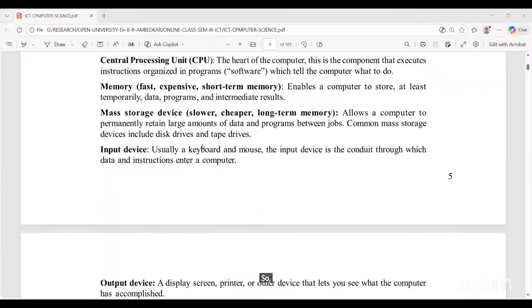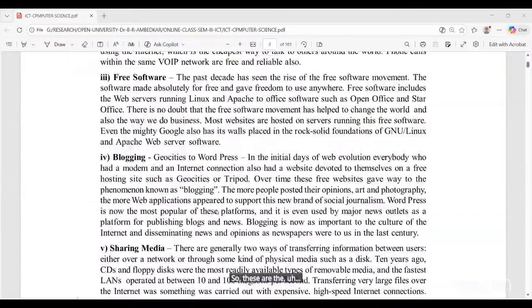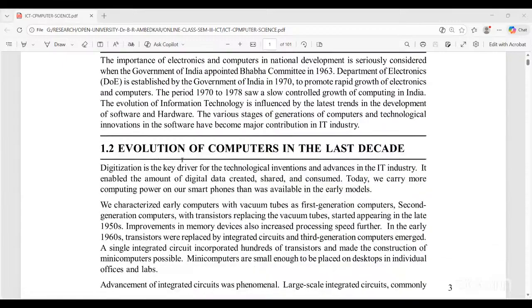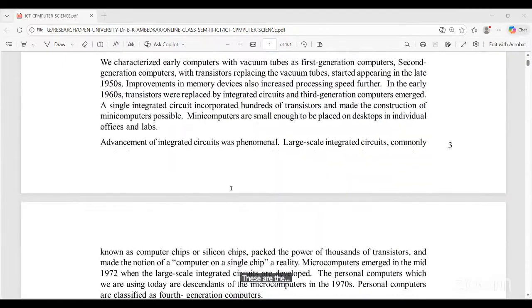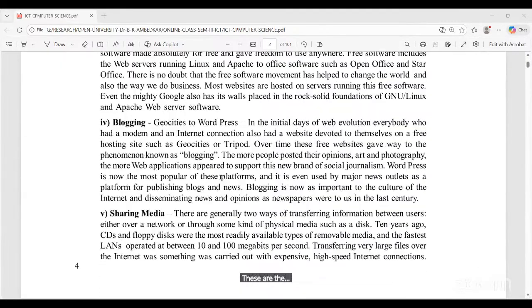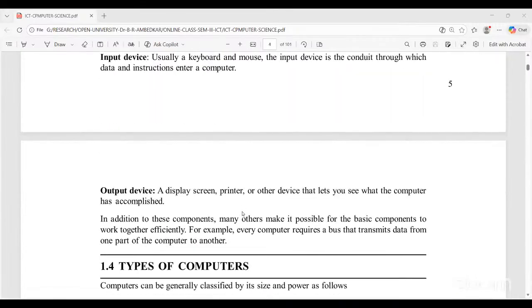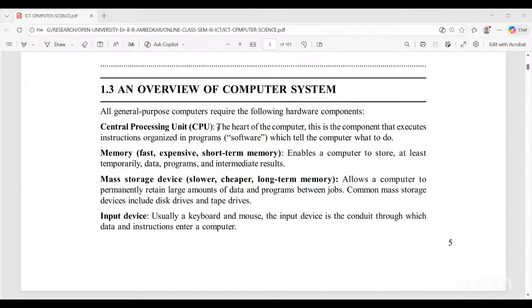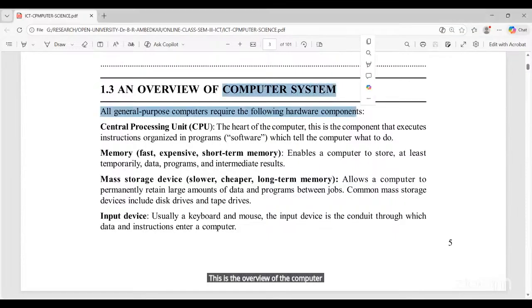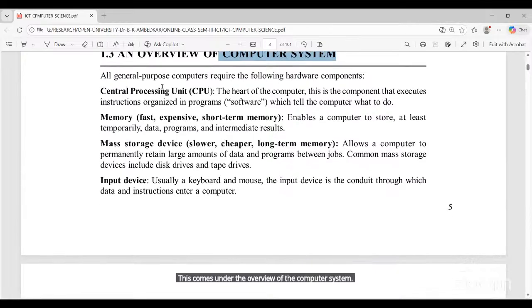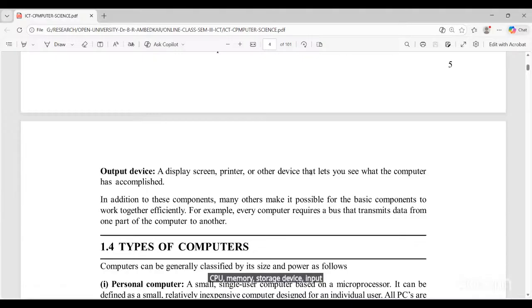This is the overview of the computer system. This comes under the overview of the computer system: CPU, memory, storage device, input device, output device.